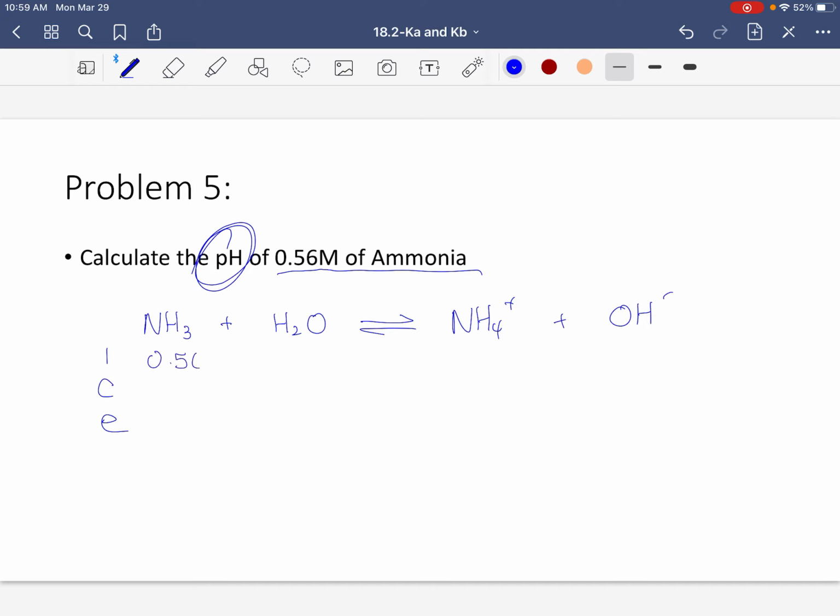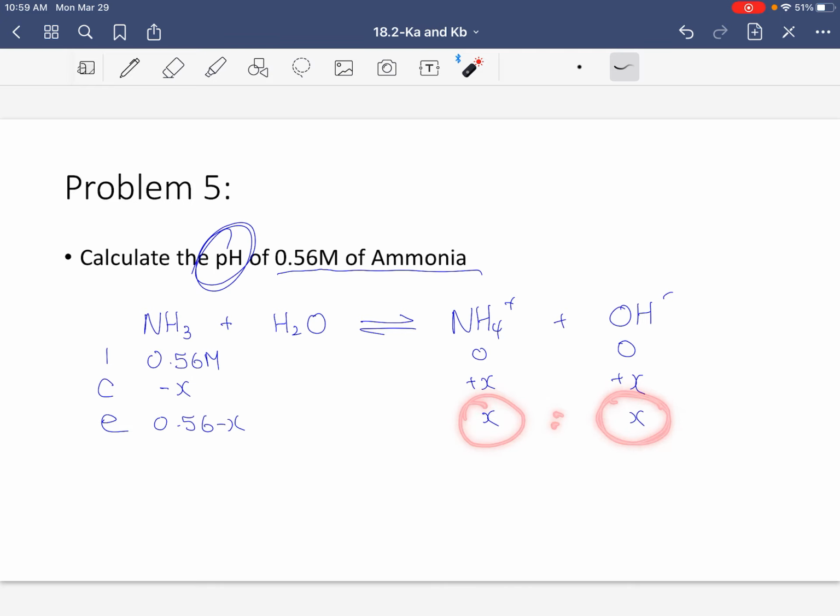So I have 0.56 molarity of this. None of these. So this is going to drop. These are going to gain as I immerse NH3 in water. So at equilibrium, these are my respective numbers. The one that I'm interested in, of course, is this, because this tells me the concentration of OH at equilibrium.